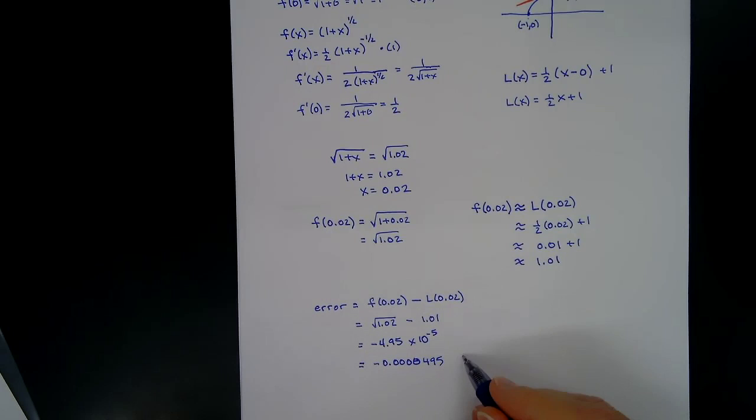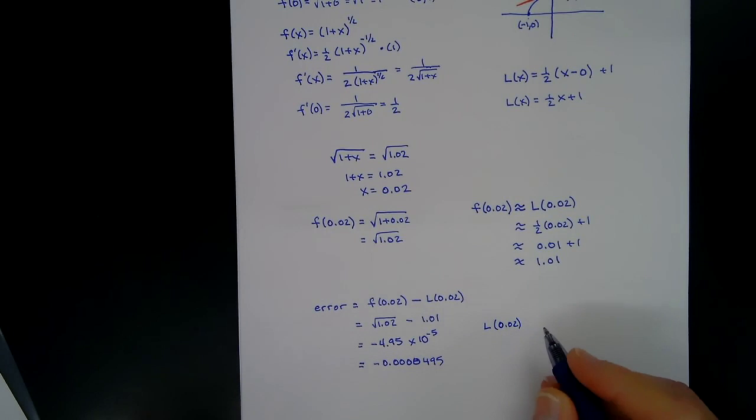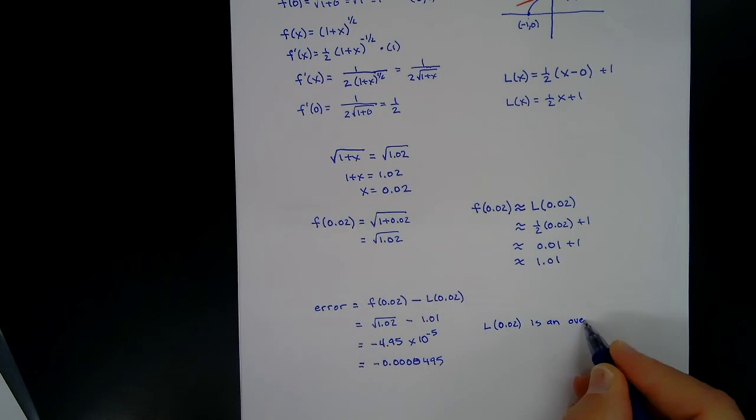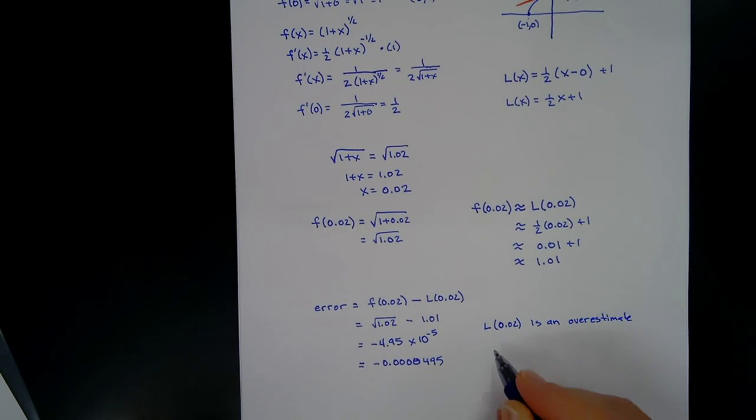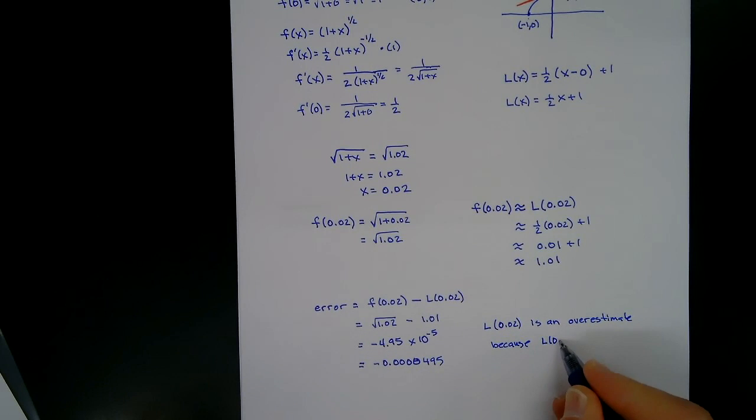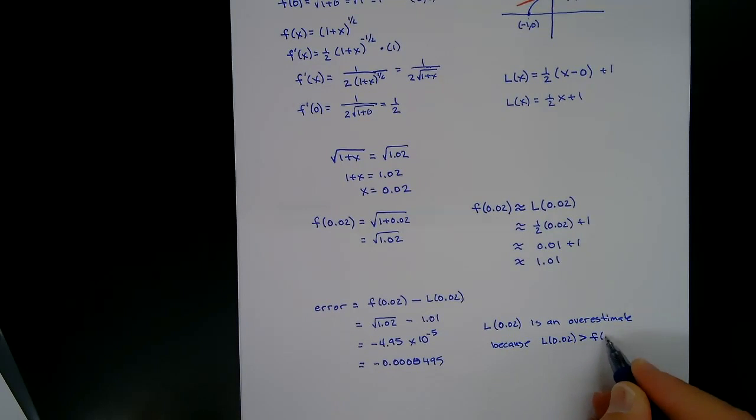So L of X is bigger than the actual function, okay? So L of 0.02 is an overestimate. And the reason I know that is because L of 0.02 is larger than F of 0.02.